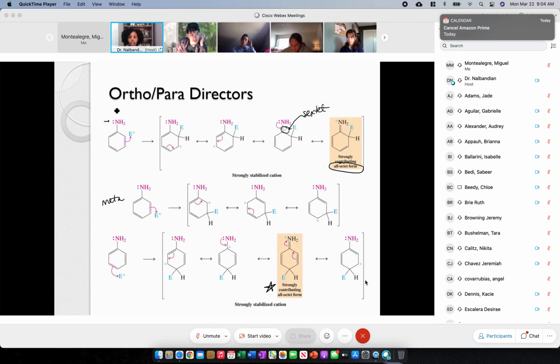So we know that the oxygen and nitrogen, yeah, by induction, they can pull away electron density, but they are electron donating by resonance. And we can see here the nitrogen donating in electron density. So the same would be true with phenol.